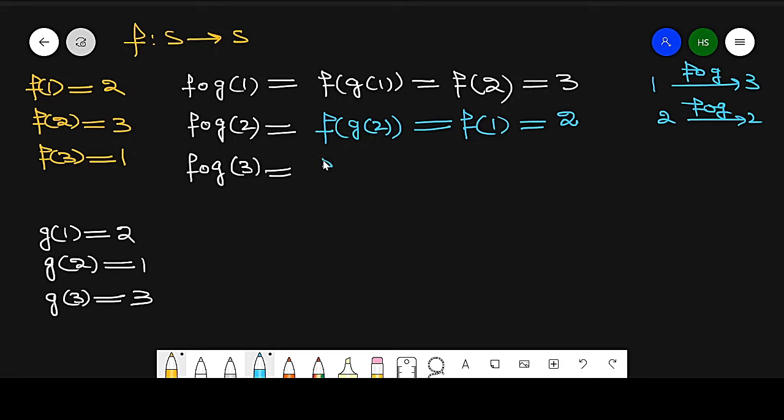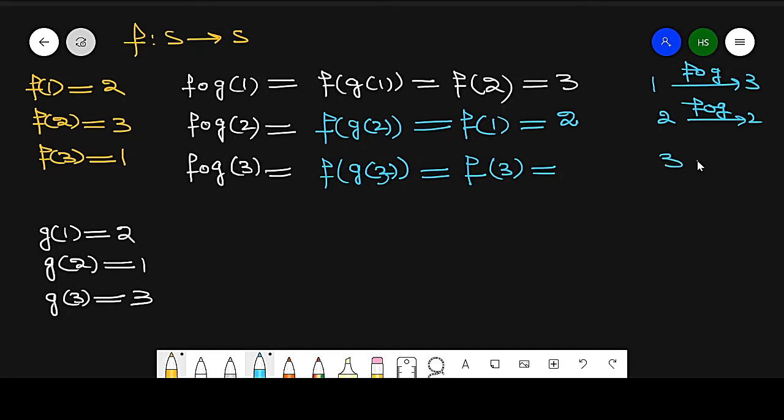Now in case of 3, F of G of 3 is equal to F of 3, since G of 3 is 3. What is the value of F of 3? This value is equal to 1.